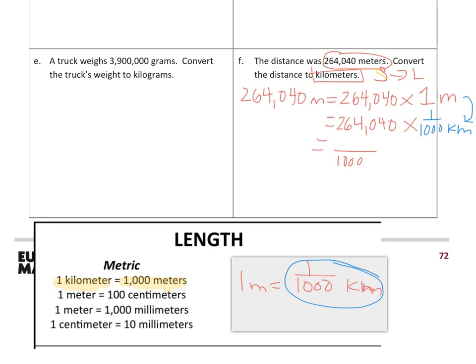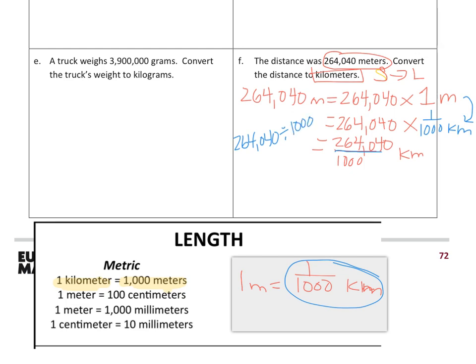And the numerator is going to be 264,040 times 1, which is 264,040 over 1,000. And that's going to be kilometers. And now remember, this fraction bar represents what? It represents division. So we have 264,040, and we're going to divide that by 1,000.